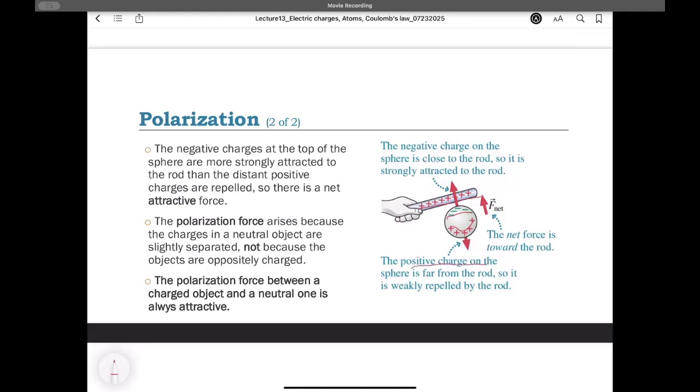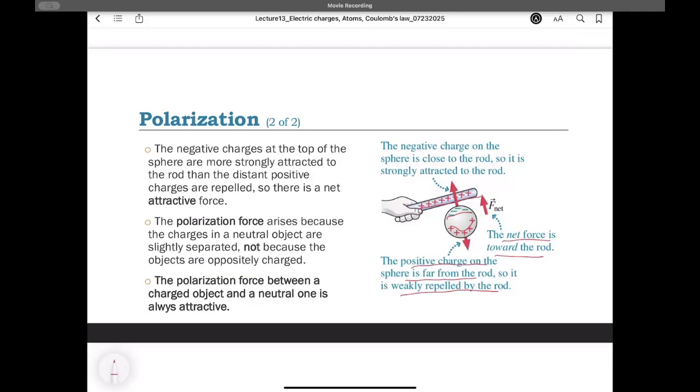The positive charge on the sphere is far from the rod, so it is weakly repelled by the rod. So the net force is toward the rod. The polarization force arises because the charges in a neutral object are slightly separated, not because the objects are oppositely charged.